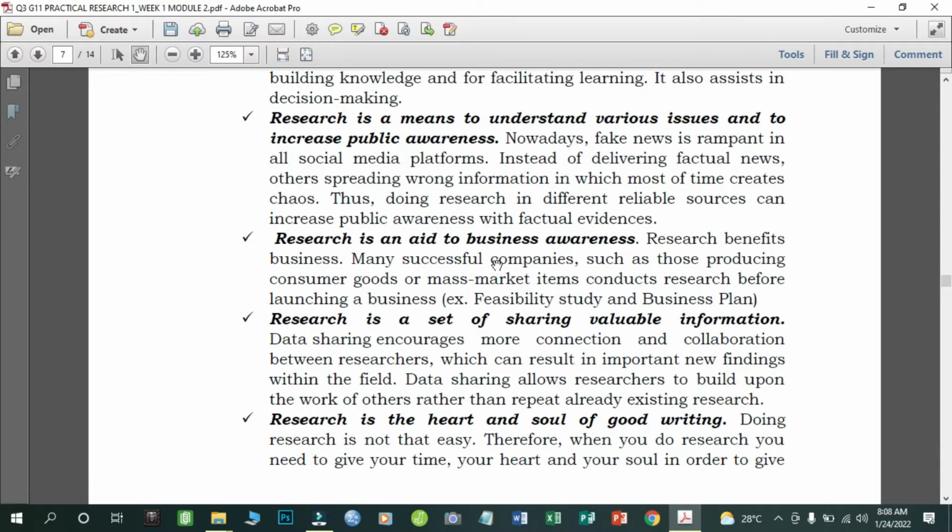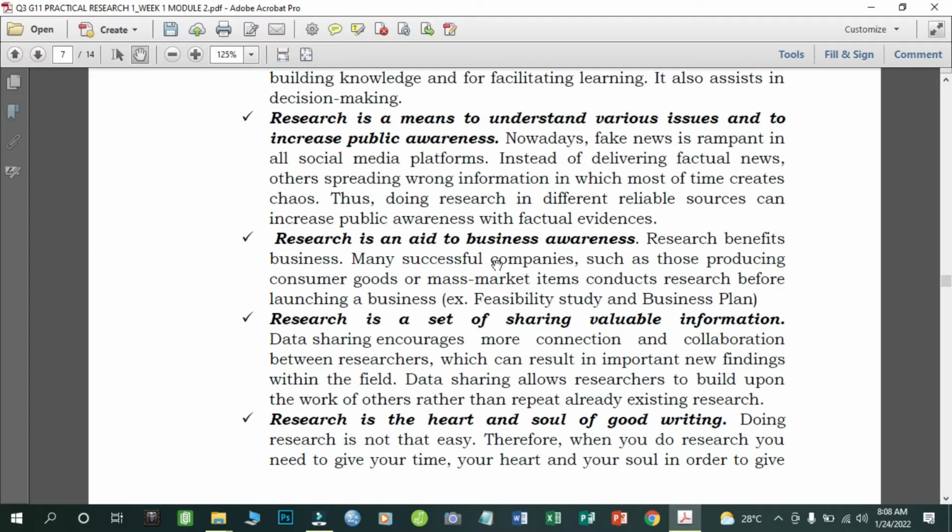Next, research is an aid to business awareness. Research benefits business. Many successful companies, such as those producing consumer goods or mass market items, conduct research before launching a business. I think most of you have relatives who love to do online selling.